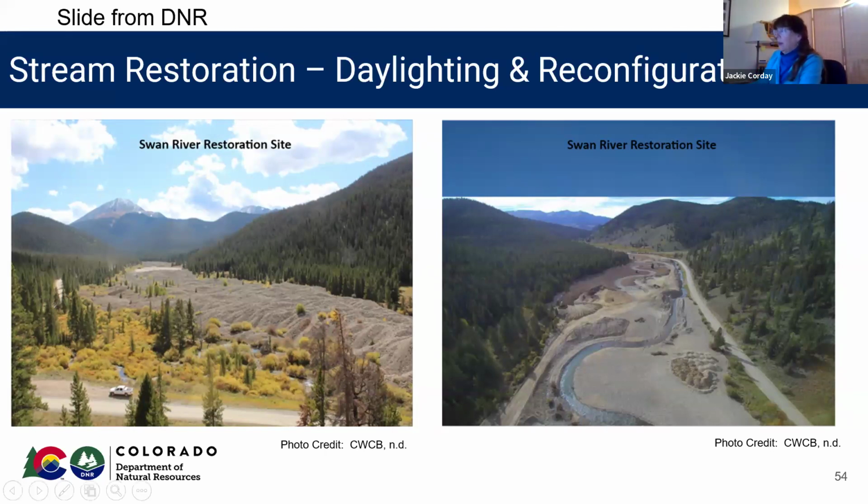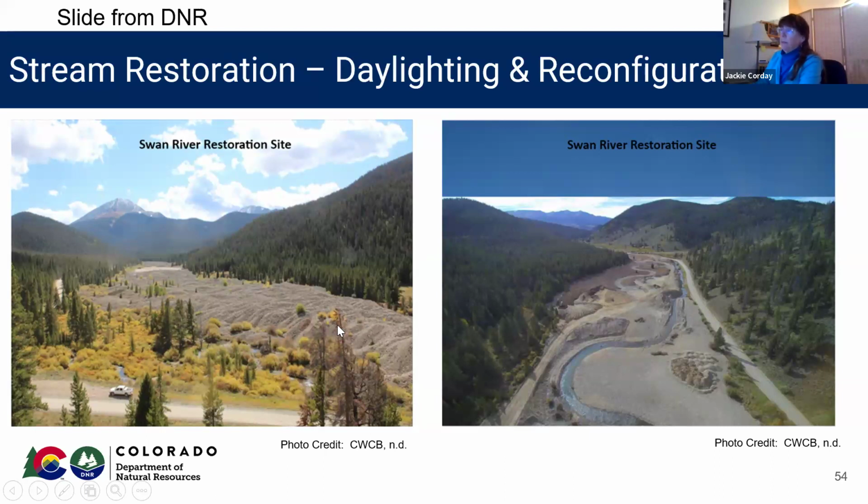And this is what it can look like in Colorado, another example of daylighting, the Swan River restoration. This is really a mind blower to see this picture and realize that that was a stream that was completely buried by mining waste. They just completely tore up the river and placed all of the waste right on top of it. That's what you're looking at here.